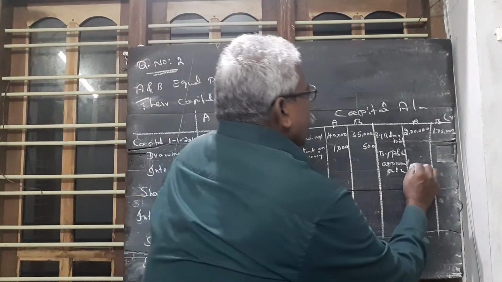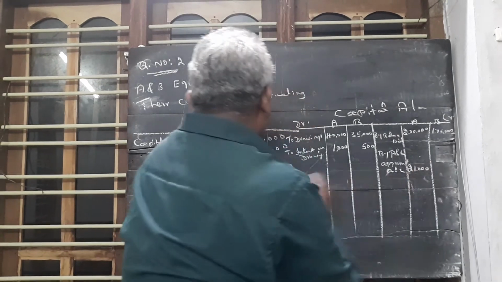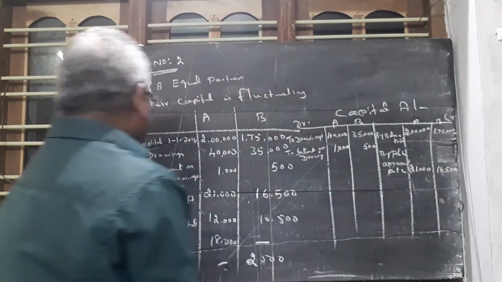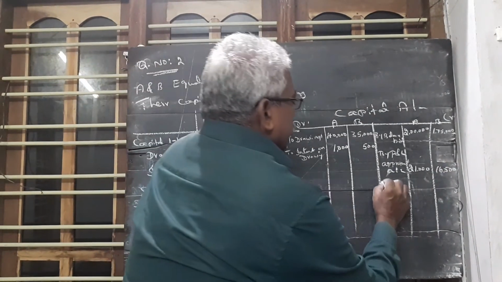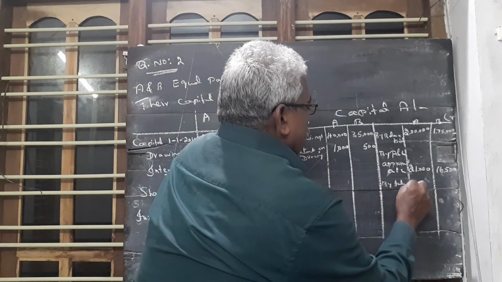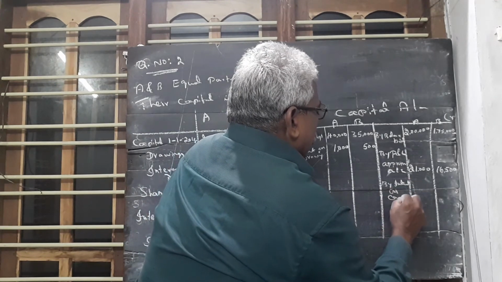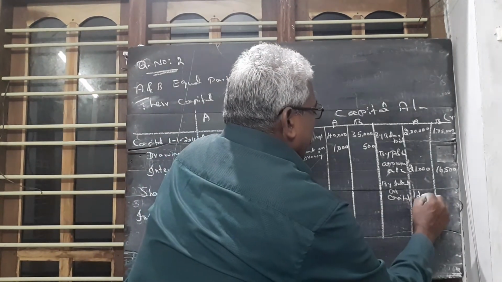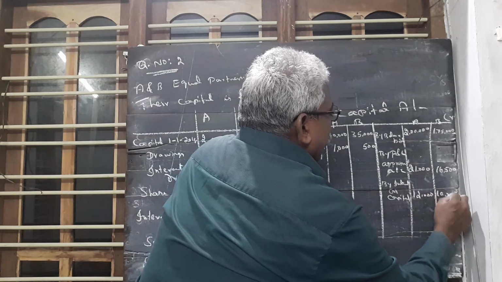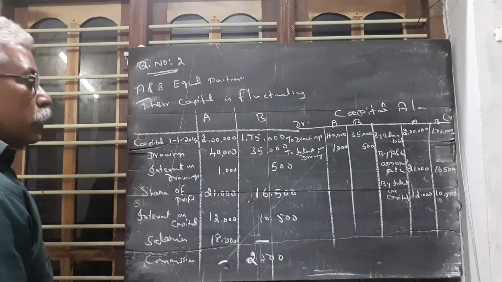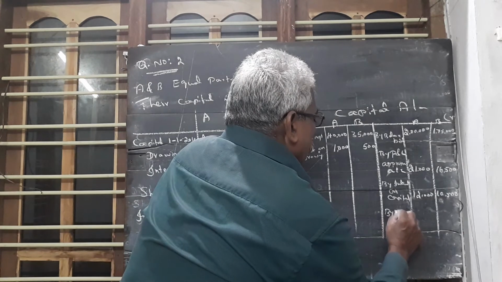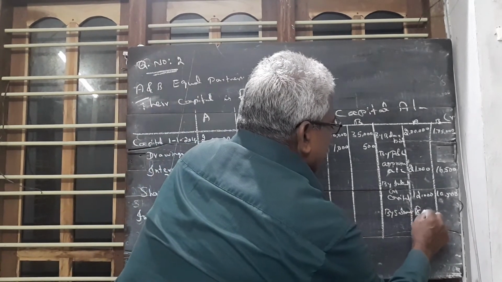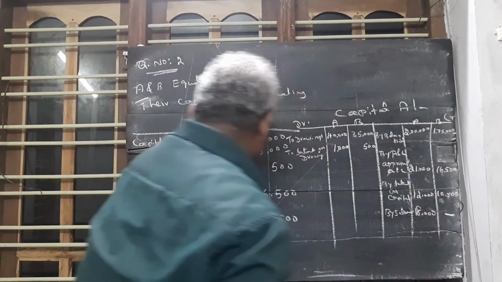Share of profit 21,000 for A and 16,500 for B. Then interest on capital comes in the credit side: 12,000 for A, 10,500 for B. Then by salaries, only A is entitled to get a salary of 18,000, so in the B column we put a dash.